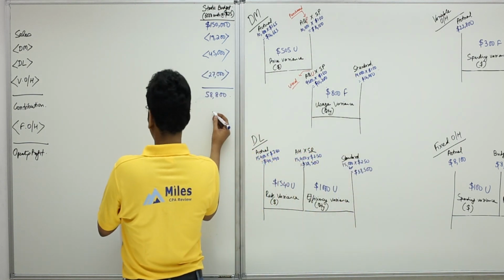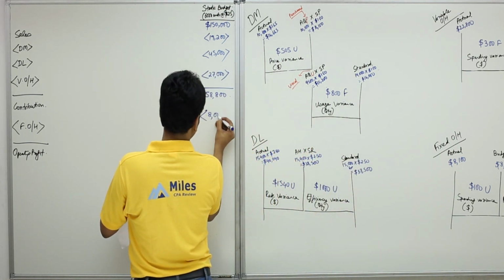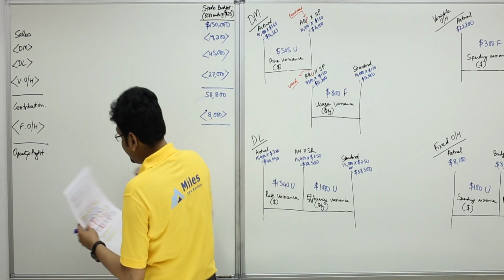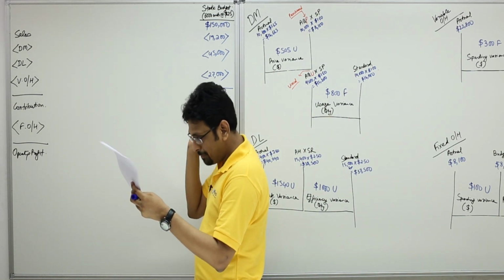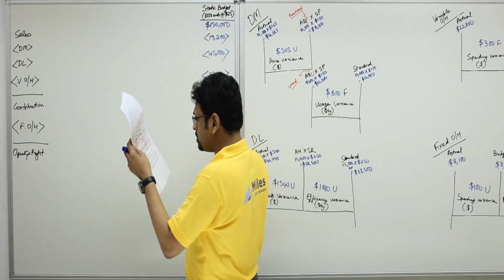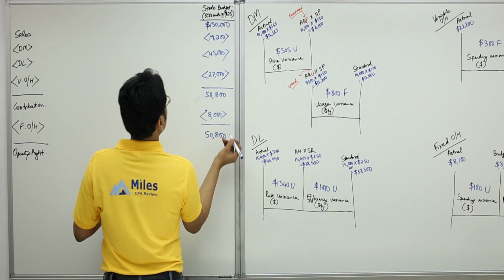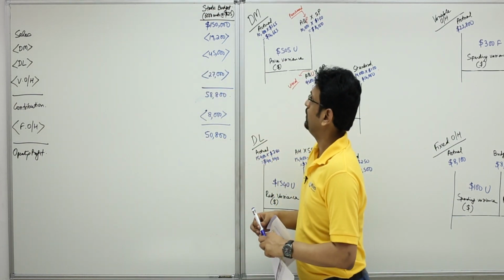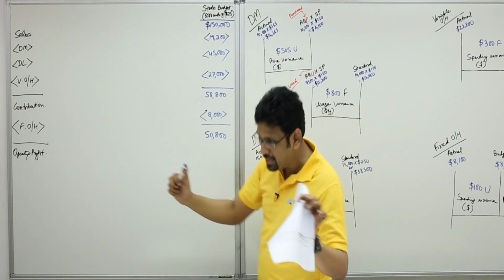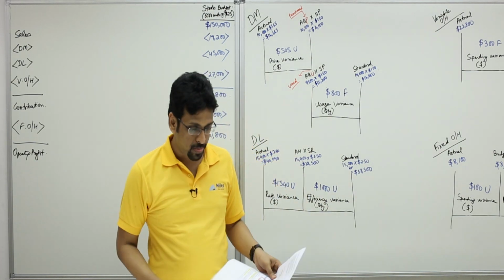So the budgeted fixed overhead is $8,000. So the budgeted operating profit, looking only at the manufacturing cost for now, was $50,800. This was the budget that they had at the beginning of the period, before the period started.